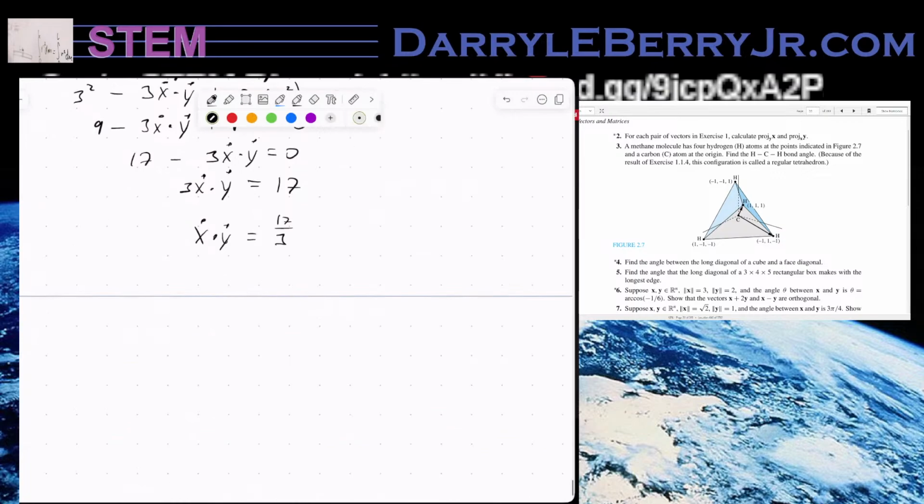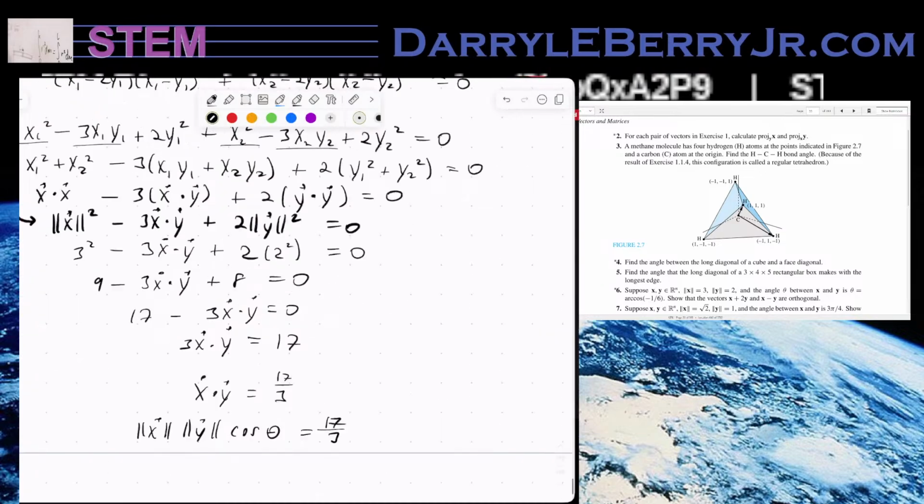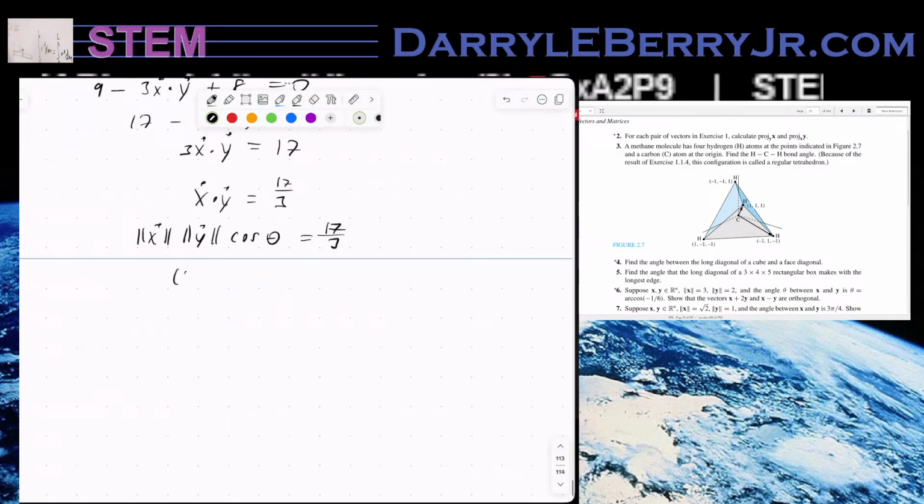And we know that that's going to be the magnitude of x, magnitude of y, cosine of theta equals 17 over 3. And the magnitude of x is 3. The magnitude of y is 2. So 3 times 2 times cosine theta equals 17 over 3.